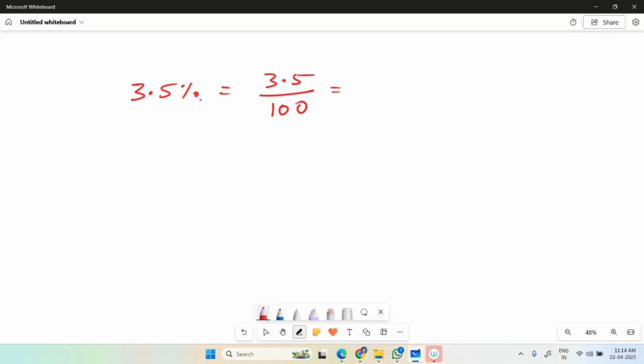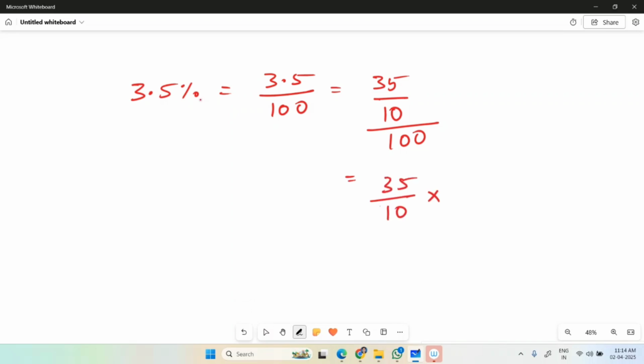As we already discussed in the decimals lesson, 3.5 can be written as 35 by 10, out of 100. This 100 can be reciprocated by multiplying. So 35 by 10 times 1 out of 100, because 100 is in the denominator.